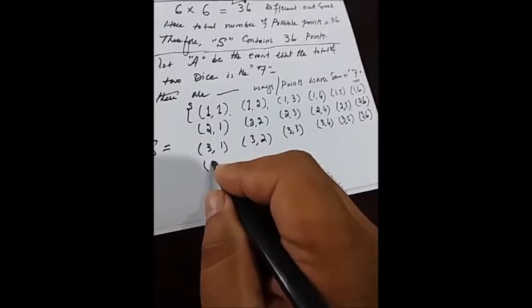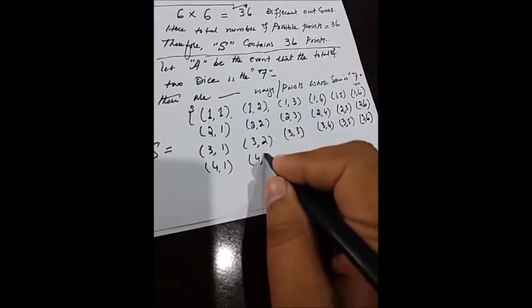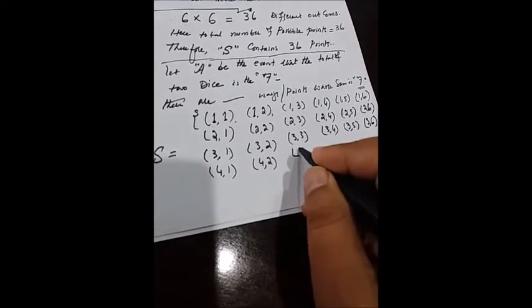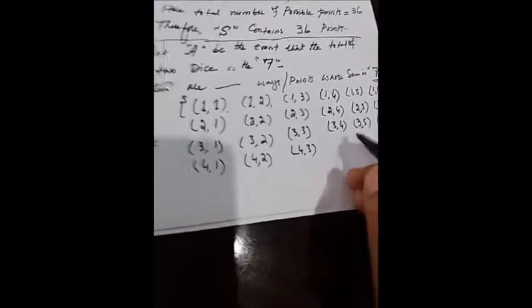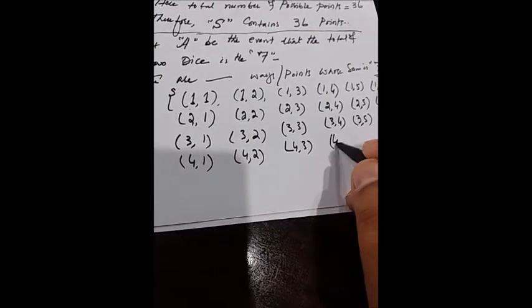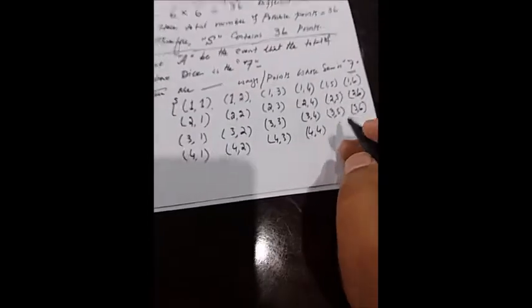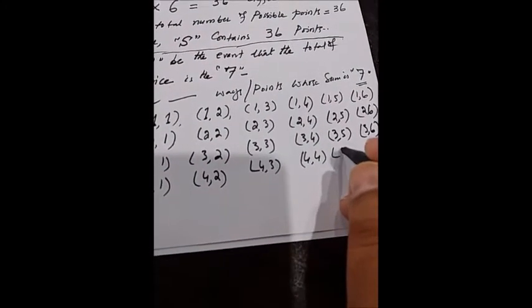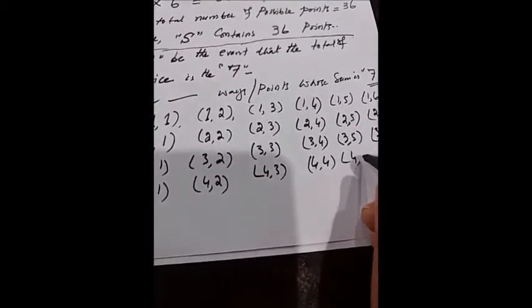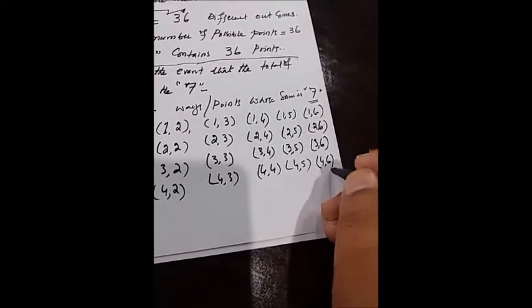It may be one die contains 4 and the second die contains 1, one die contains 4 and the second die contains 2, one die contains 4 and the second die contains 3, and one die contains 4 and the second die contains 4, and again it can be rolled with 4 on one die and 5 on the second die. It can be rolled with 4 on one die and 6 on the second die.